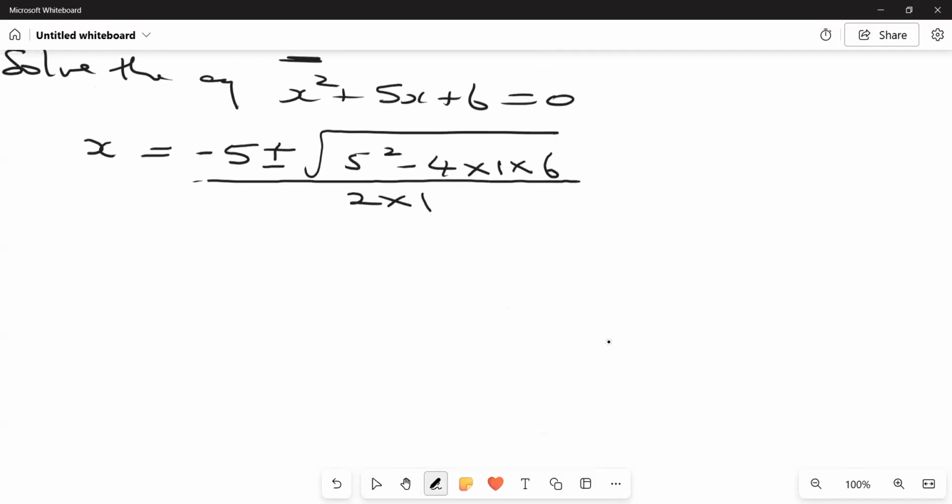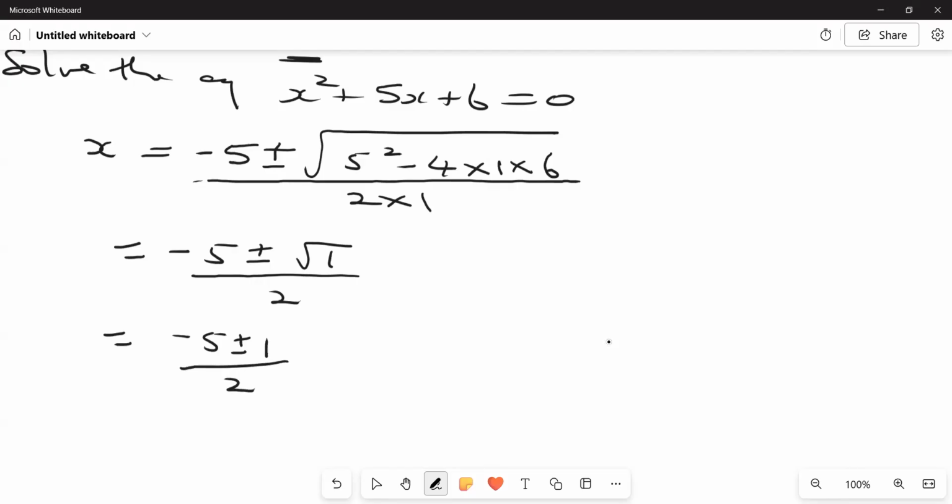So this is going to be minus 5 plus or minus, what does all of this turn out to be? 5 squared is 25 minus 24. So that's root 1 over 2, right? Which is equal to minus 5 plus or minus 1 over 2, since the square root of 1 is 1.